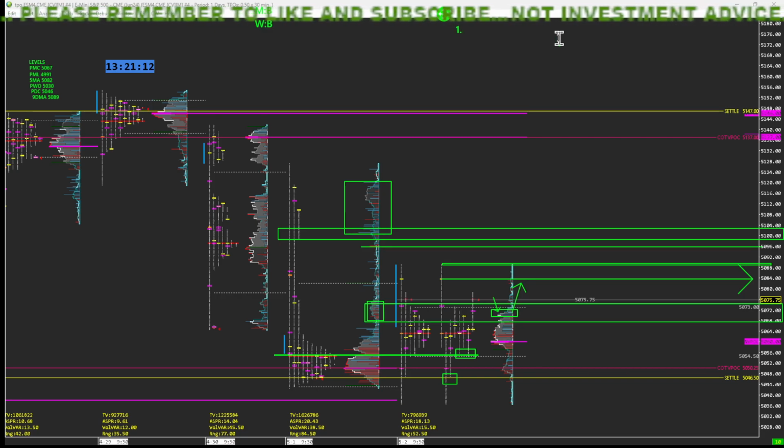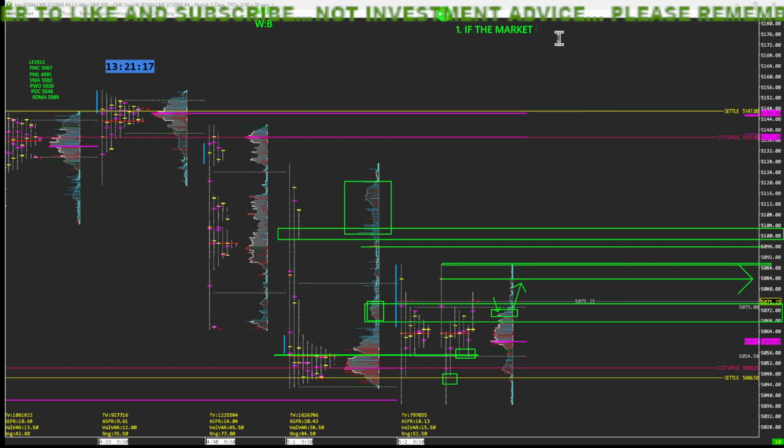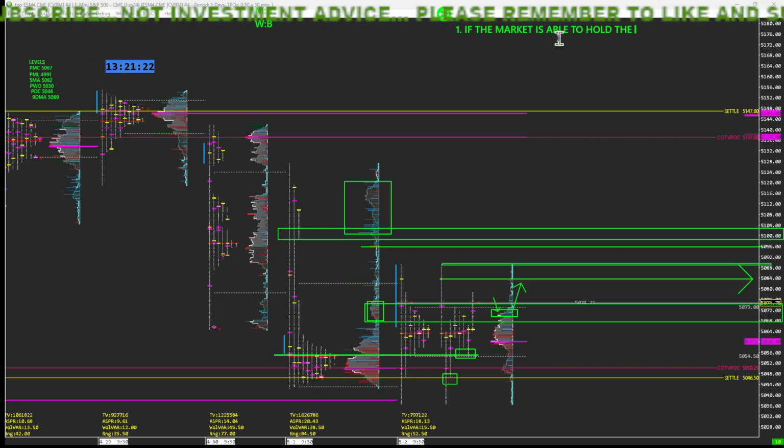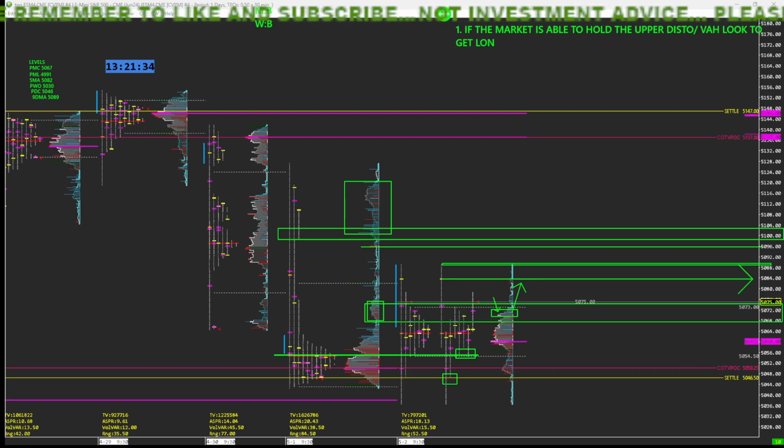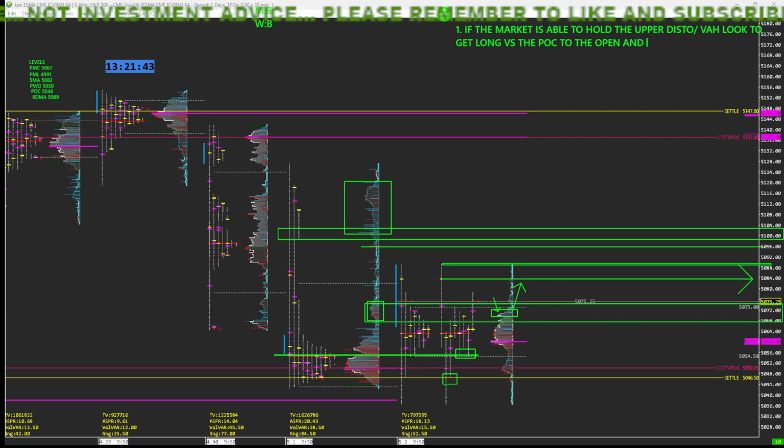So we'll say: if the market is able to hold the upper distro / value area high, look to get long versus the point of control to the open and current day's high.